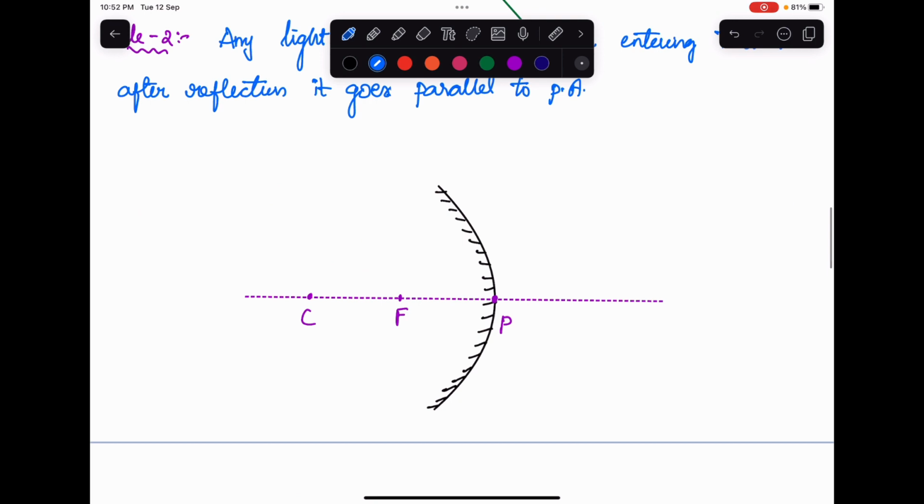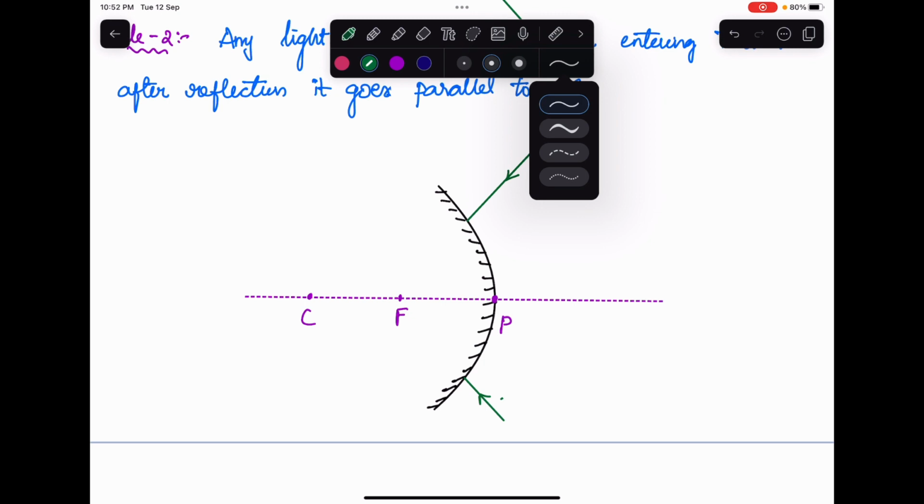So what do we say now? Any light ray appearing to be coming into focus or entering into focus. See here, like this. One light ray over here, and I would like to consider one more light ray over here. We need this one to be appearing to be entering into focus. How can you show that appearing? With the help of a dotted line. Good. So let us take the dotted line.